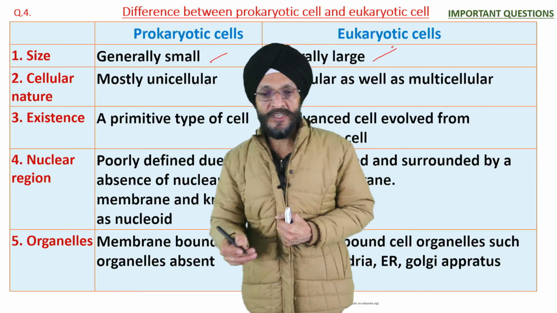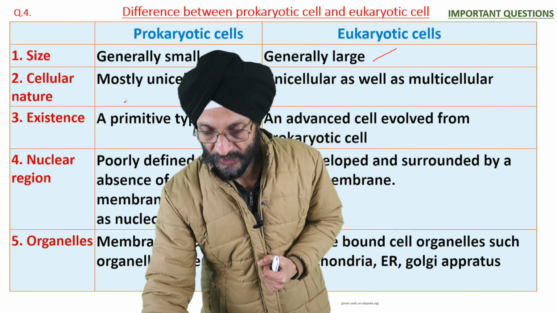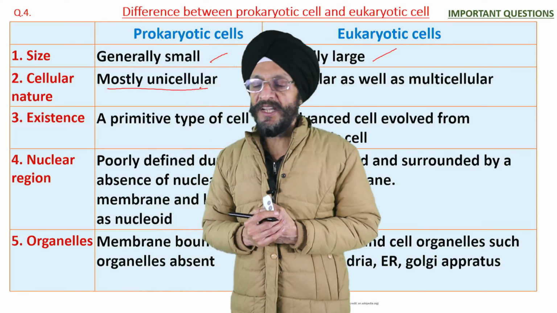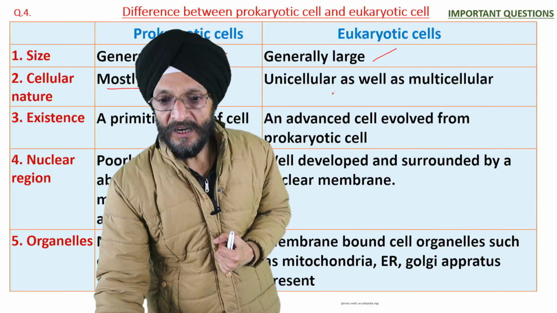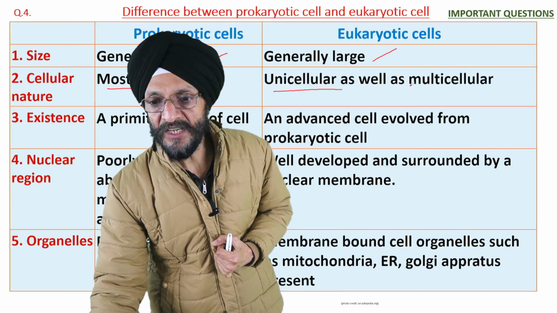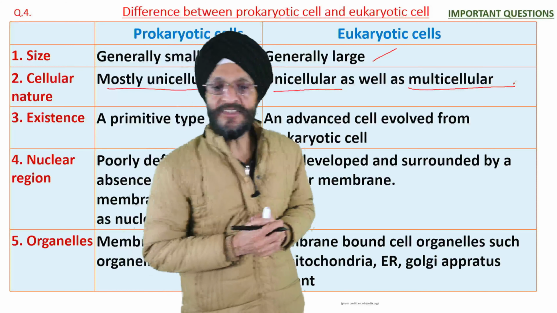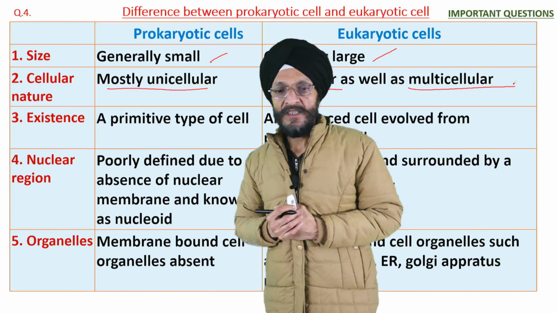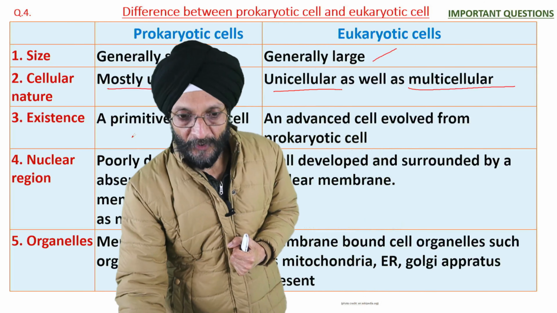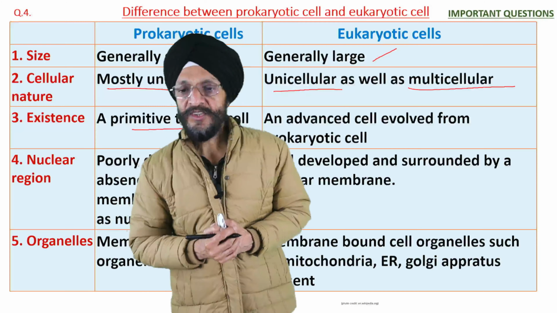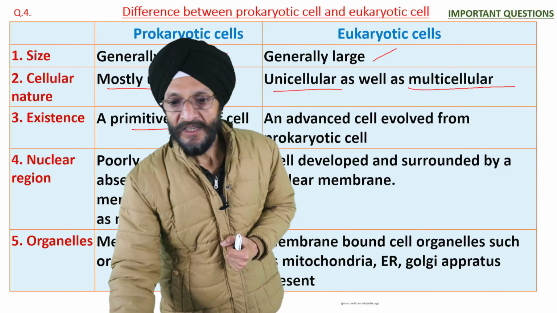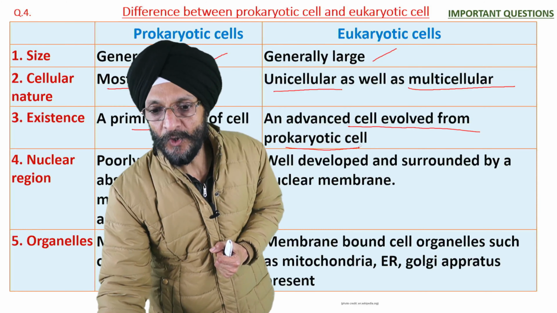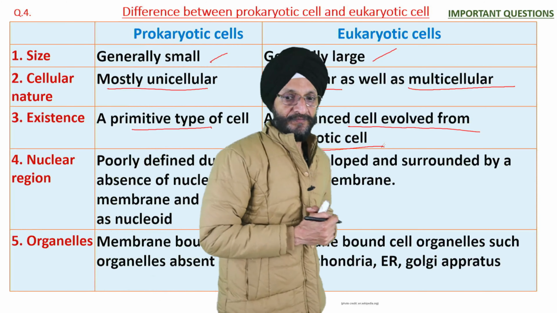Prokaryotic cells are mostly unicellular, that is single-celled organisms, whereas eukaryotic cells are unicellular as well as multicellular. Prokaryotic cells are a primitive type of cell, whereas eukaryotic cells are an advanced cell evolved from prokaryotic cells.